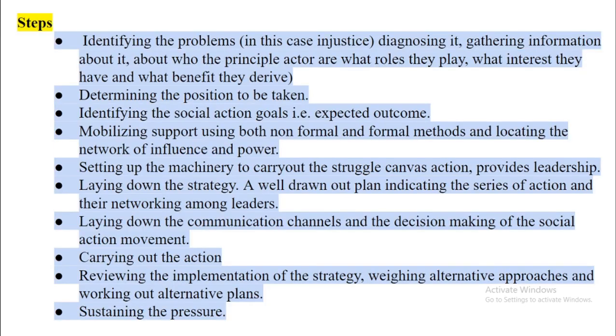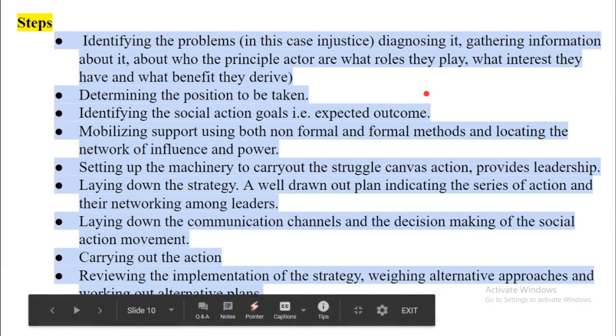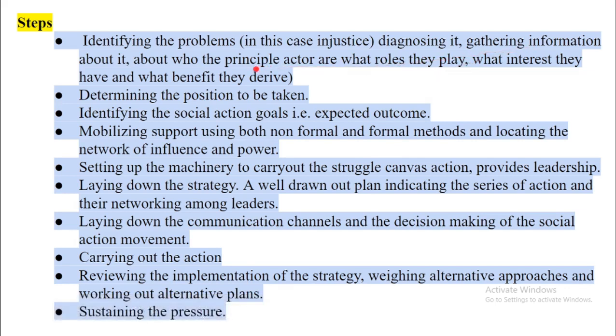Now moving to the steps of social action, these are the important steps that need to be followed. First, identify the problem in case of social injustice, then diagnose it, and gather information about who the principal actors are, who the leaders are, what roles they play, what interests they have, and what benefits they derive. Next, determine the position to be taken, then identify the social action goals, that is, the expected outcome.